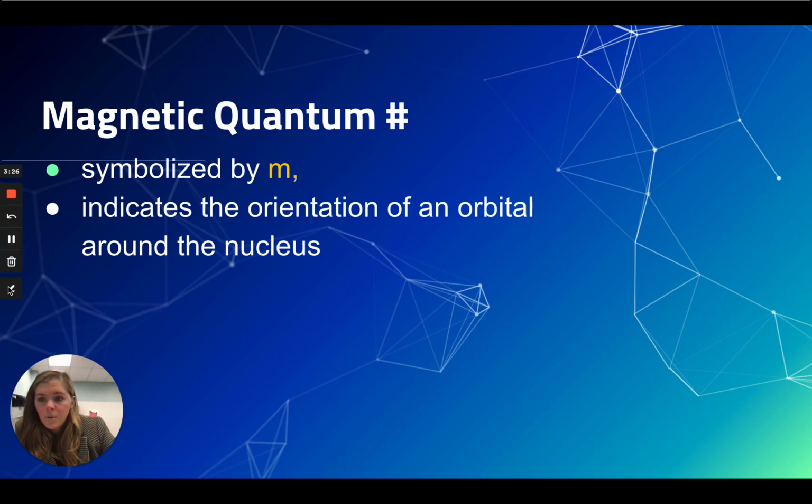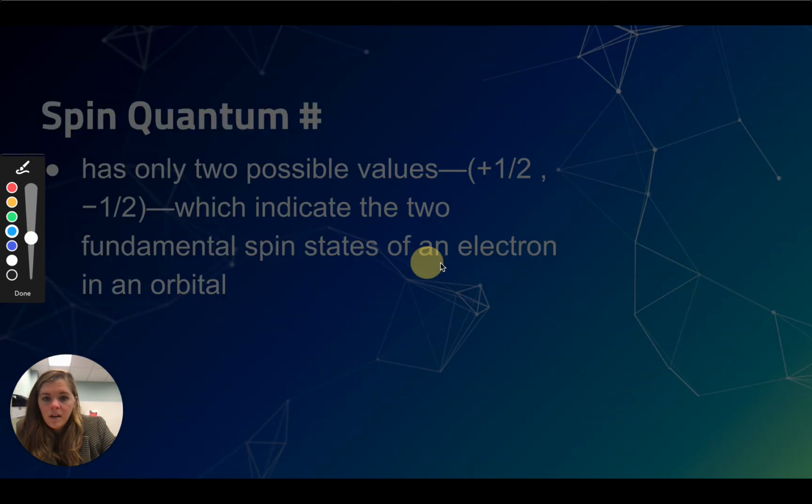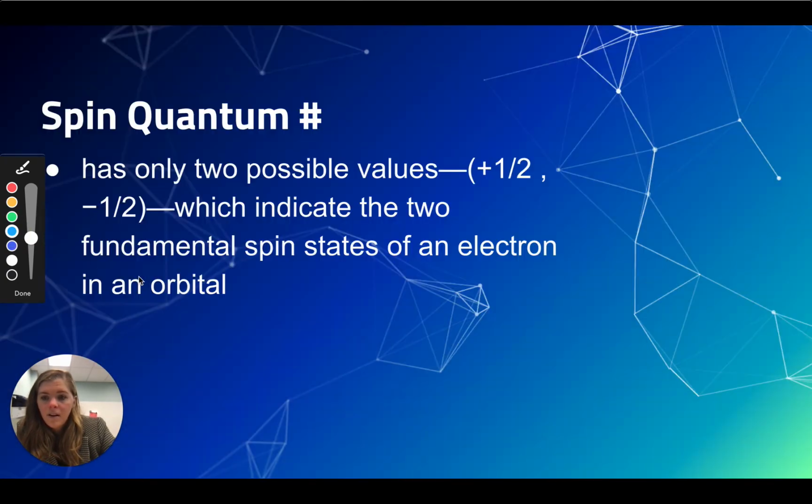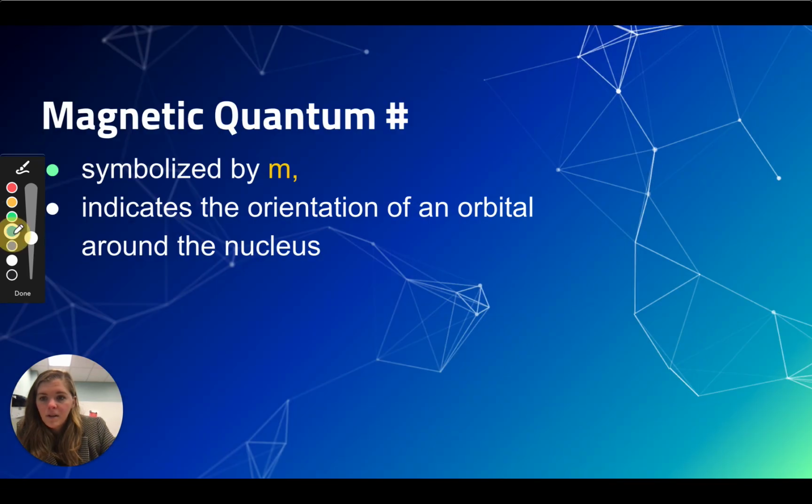So again, let's go back to our last example. If n is equal to 3, that means our l can be equal to 0, 1, or 2.